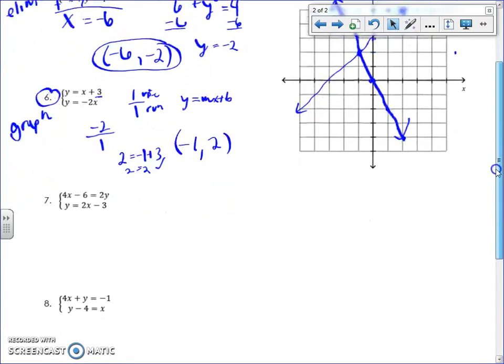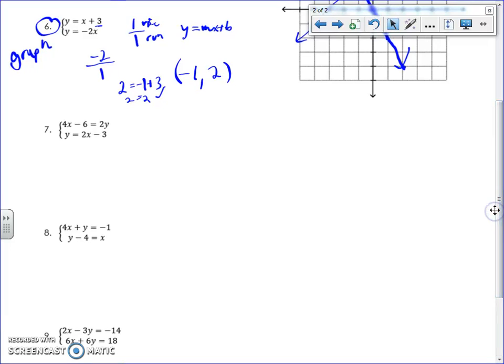All right, number 7. Since I see that I have a y already isolated on one of my equations, I'm going to go ahead and use the substitution method for this one. Remember, with substitution, you're substituting these values in for the y on your first equation.